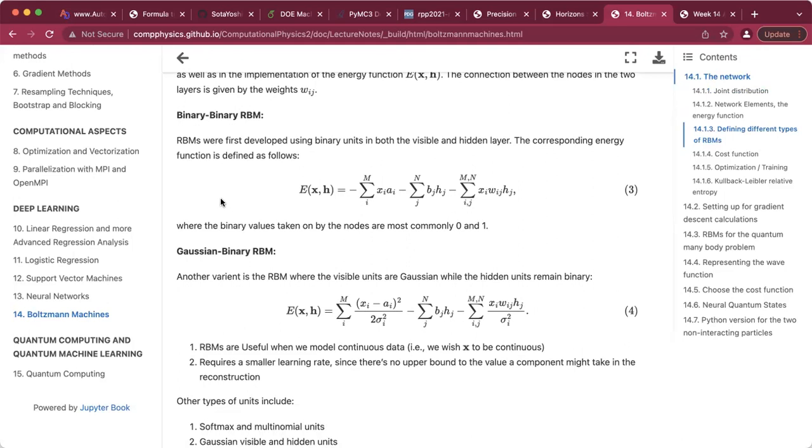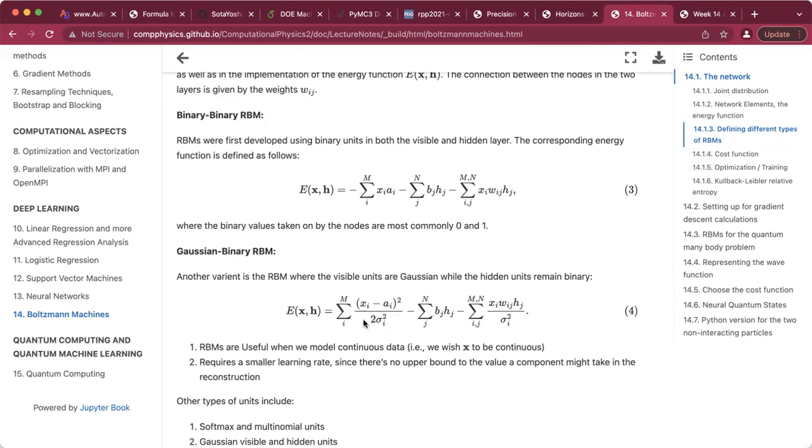So what we are going to deal with essentially for this project is a Gaussian binary Boltzmann machine. The reason why we do that is simply because it's easier to implement. It gives a better description of the trial wave function which we are interested in, because the single particle piece depends on that. We will miss parts which describe properly the correlations.